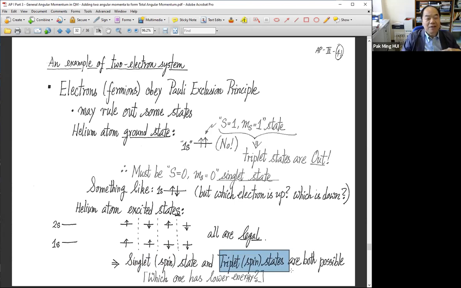All right? So later on, we will look into this problem. At that time, we will have the 1s, 2s wave function of the helium atom, and then we will see whether the spin triplet situation or the spin singlet situation will correspond to lower energy.